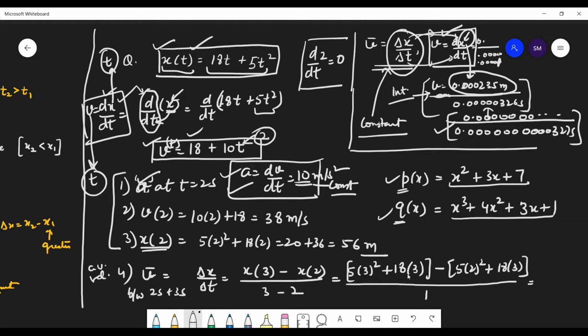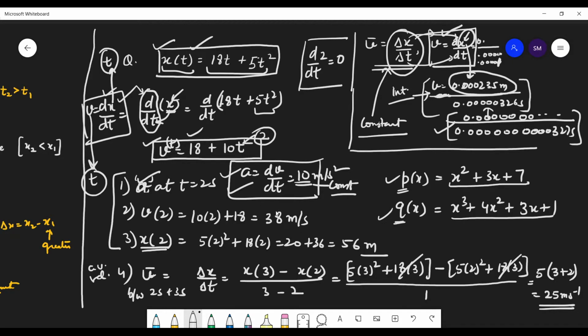What you can do here is you can clearly see this will cancel out, and 5 you can take out, and don't make the mistake, this is 9 minus 4. So 9 minus 4 is again 5, or you can write 3 plus 2 and 3 minus 2. So 3 minus 2 will be 1, and 3 plus 2 will be 5. So you have 5 into 5, that is 25 meter per second.